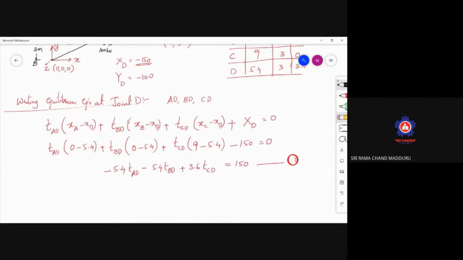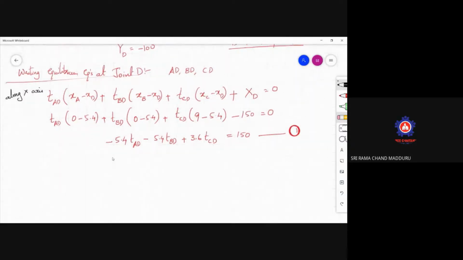So this is the equilibrium equation along the x-axis, written with respect to tension coefficients as well as coordinates. Now along the y direction.